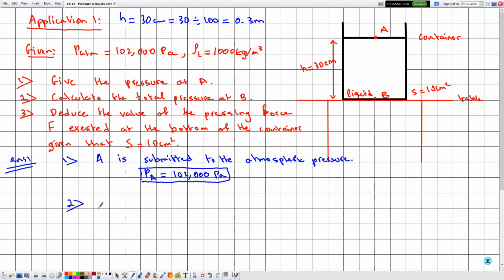Then, let's say that B is submitted to the pressure of the liquid and to the atmospheric pressure.